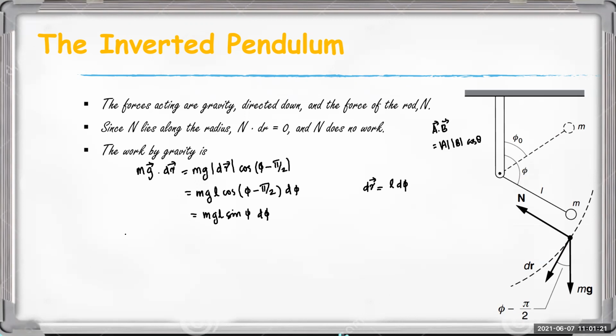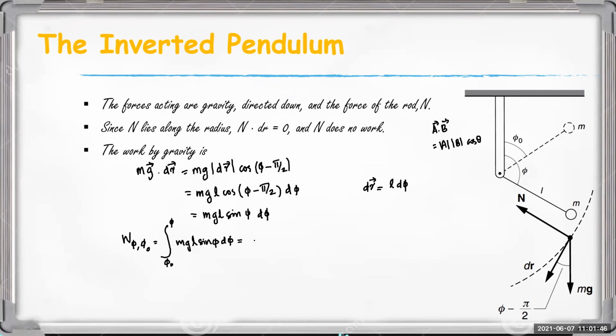Then to obtain the work done, we take the integral of this quantity from phi 0 to phi of mg L sine phi d phi.